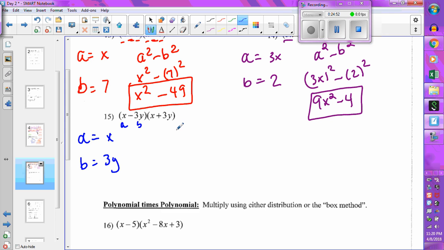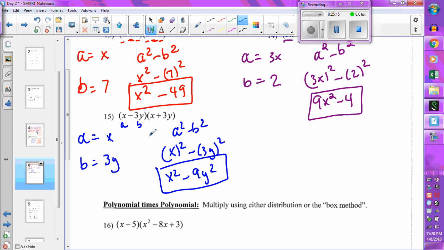Remember, A squared minus B squared. So let's plug in our values. So x squared minus, what is my B? 3y squared, which is going to give me x squared minus 9y squared. And this is my answer. All right?